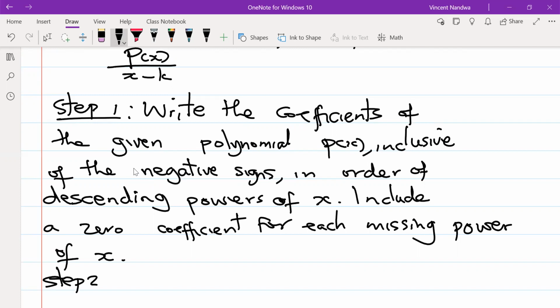Step 2, place the number k in a box at the left end of the row of coefficients listed in step 1.